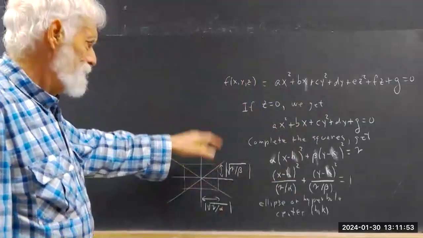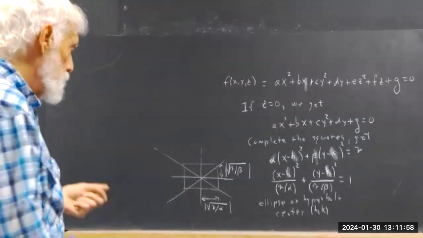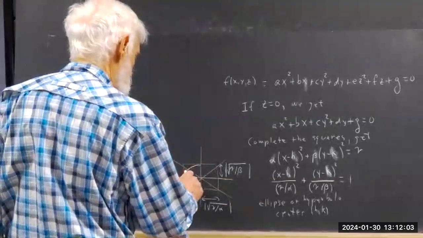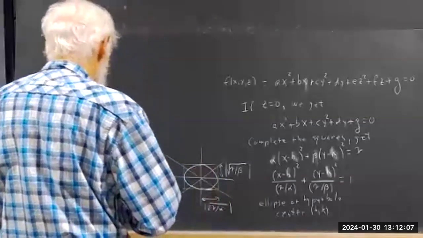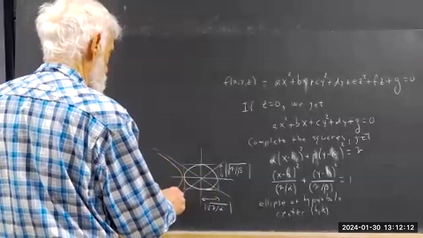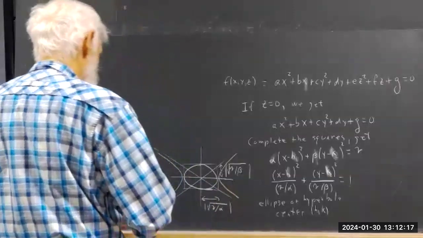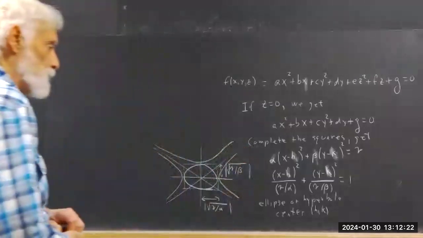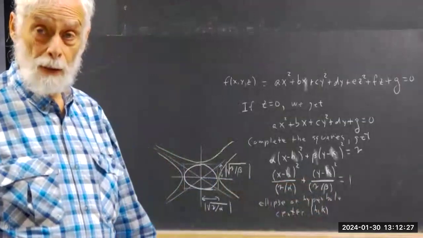Okay, so I'm going to deal with ellipses and the two possible hyperbolas, so that what we would get down here in the xy plane might be an ellipse, might be this hyperbola, might be this hyperbola, just depending on how the signs of gamma over alpha and gamma over beta come out.